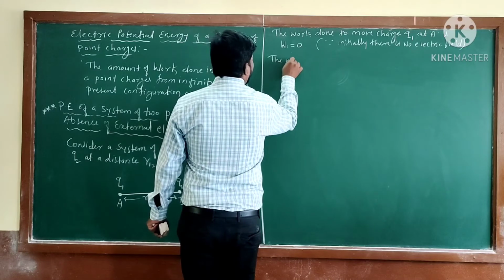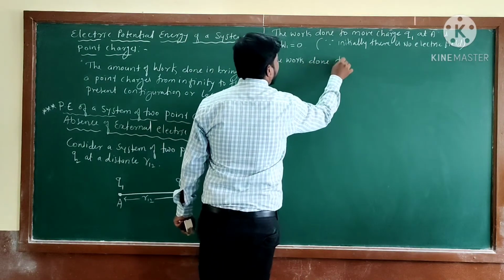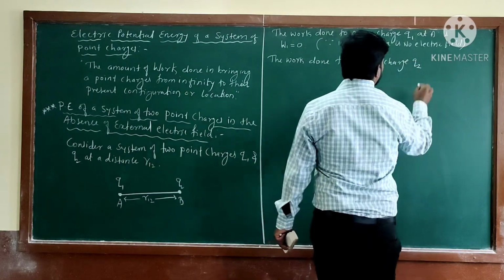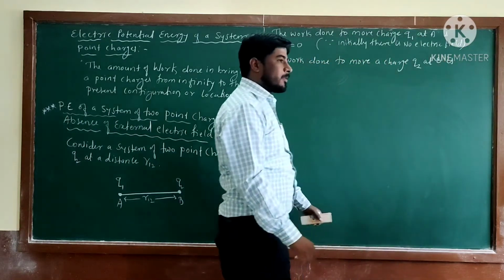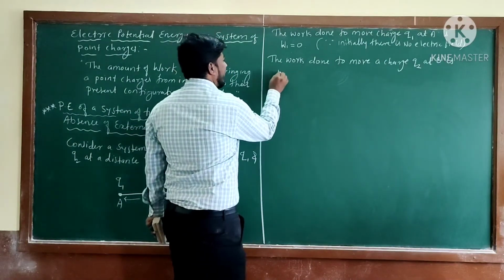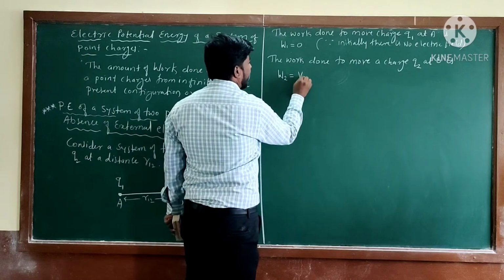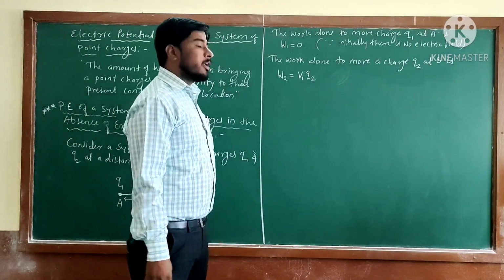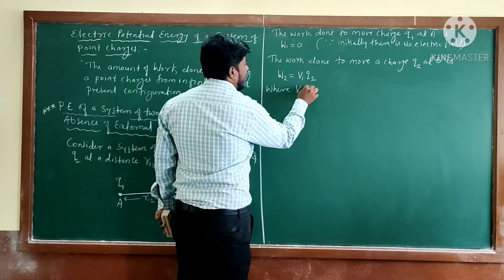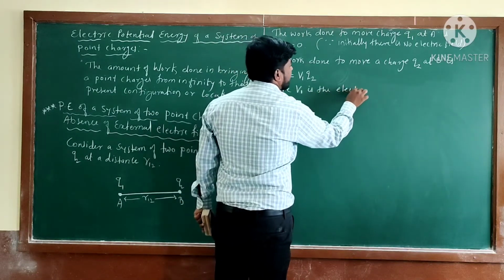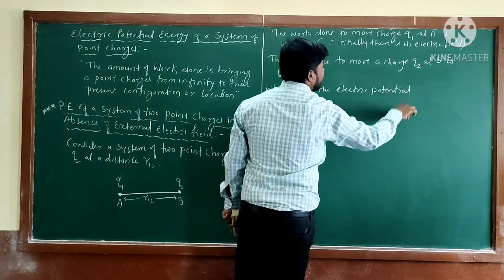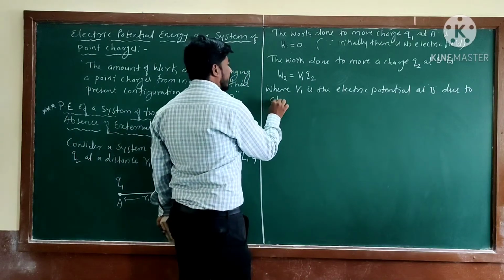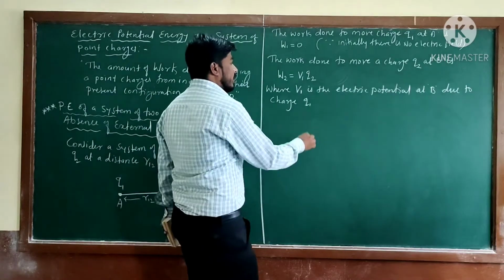Now the work done to move a charge Q2 at B is given by W2 equal to V1 into Q2, where V1 is the electric potential at B due to charge Q1.